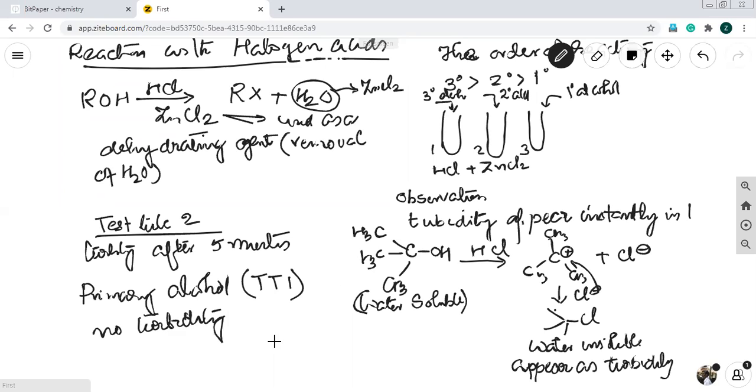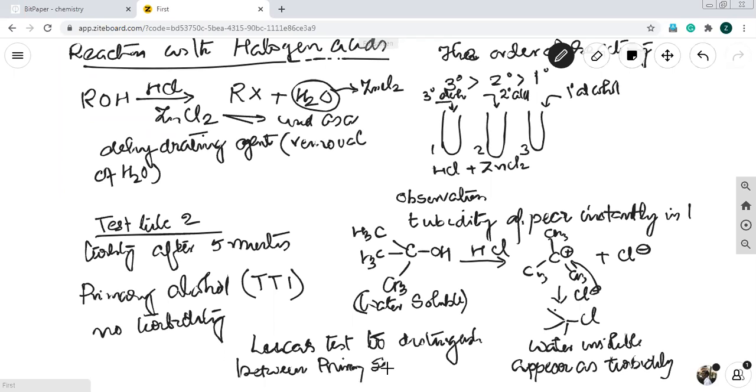This test is known as Lucas test, to distinguish between primary, secondary, and tertiary alcohol. Okay.